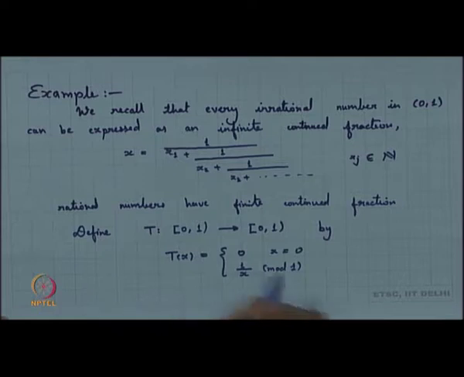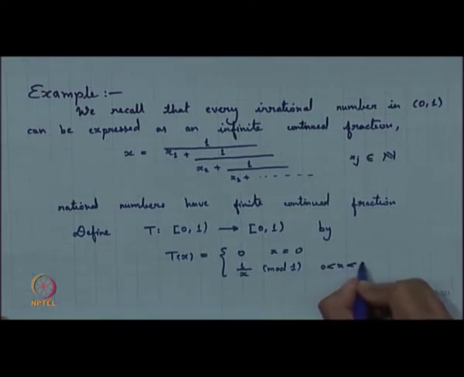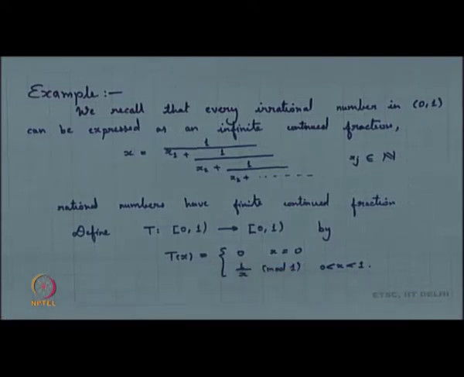So, this is a mod 1 function here. This holds whenever 0 is less than x is less than 1. So, T(x) is defined as 1 upon x.